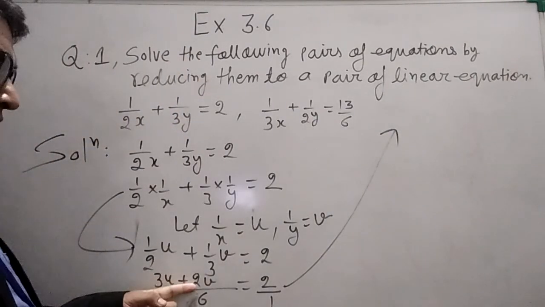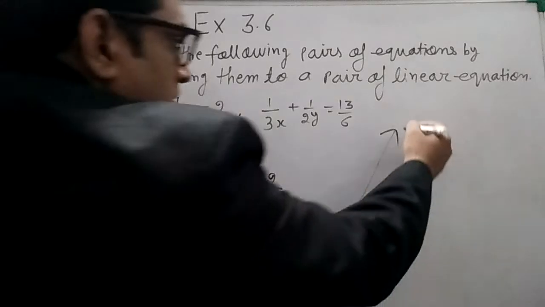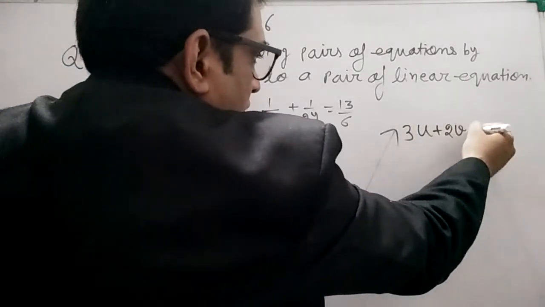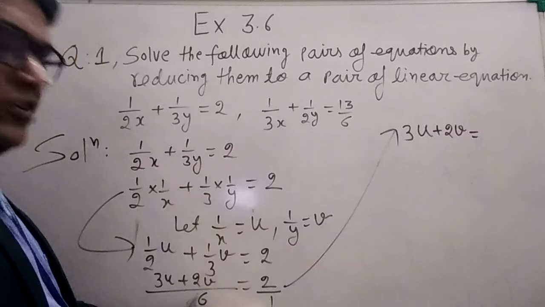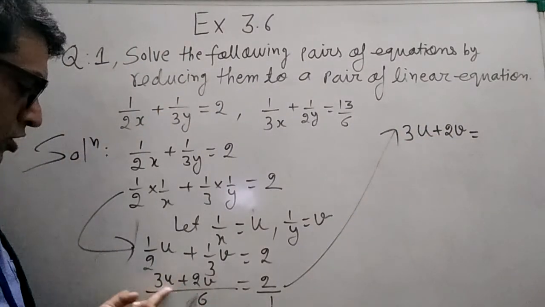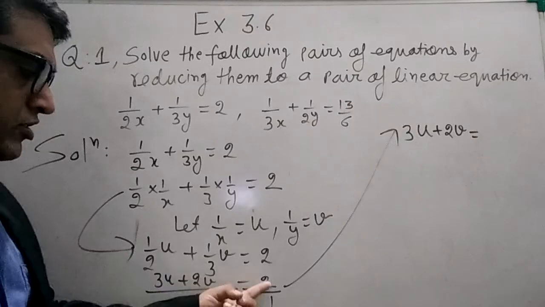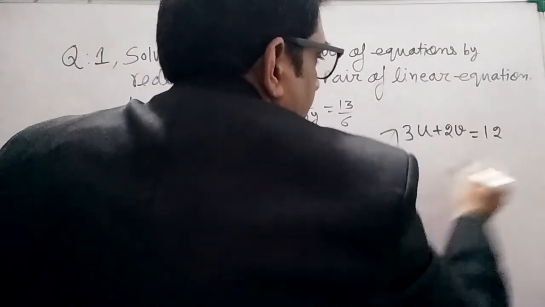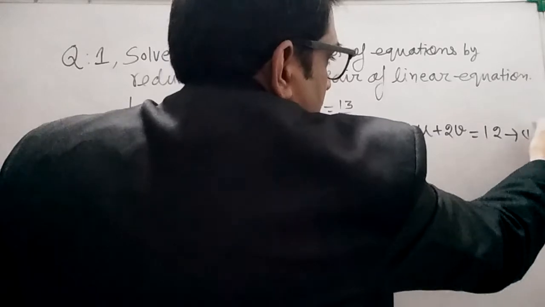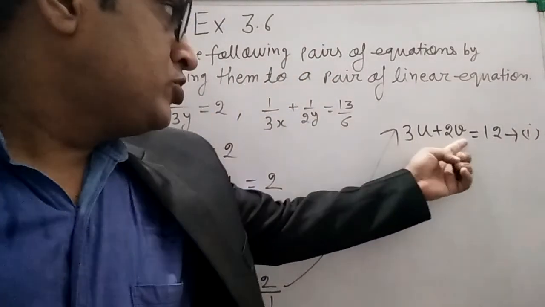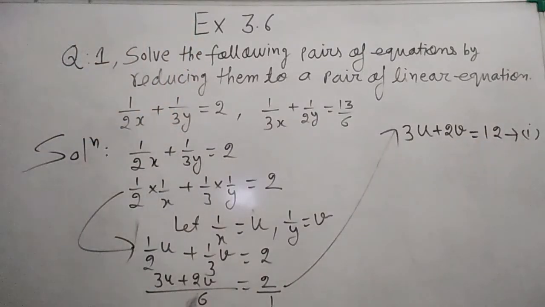We will multiply 1 into (3u plus 2v), and 6 into 2, which will be 12. We will consider this as the first equation. This is the first equation: 3u plus 2v equal to 12.